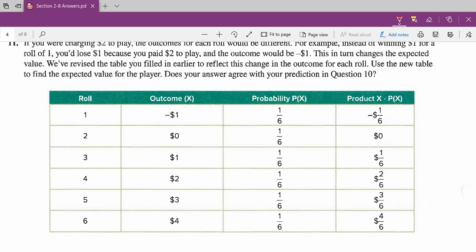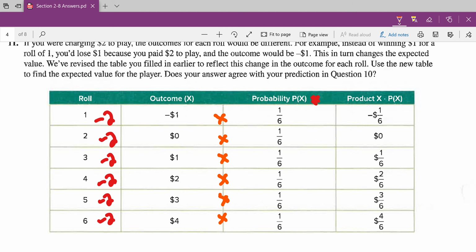So what I'm doing for each of these is subtracting how much I had to pay to play. My mouth is not working well today. The probabilities are exactly like they were before, 1/6, nothing changes about that unless we get some funny die. And then the very last column is found by multiplying the amount we're going to win times the probability.